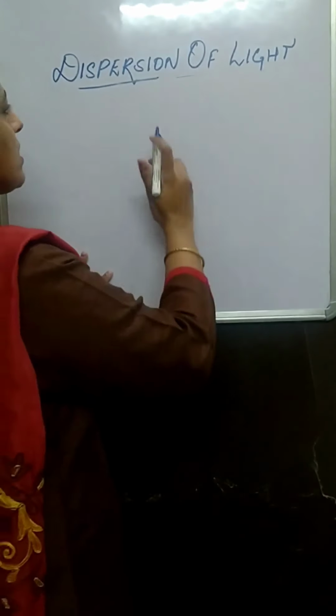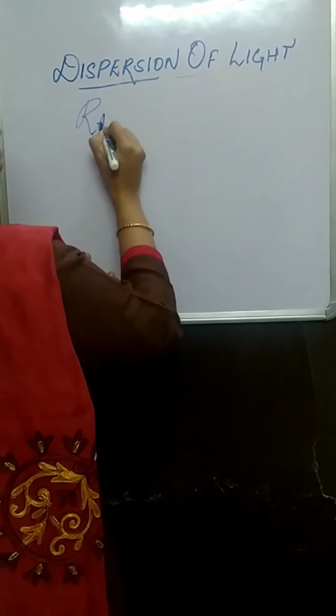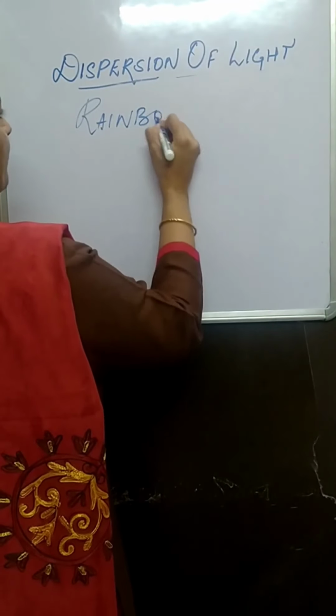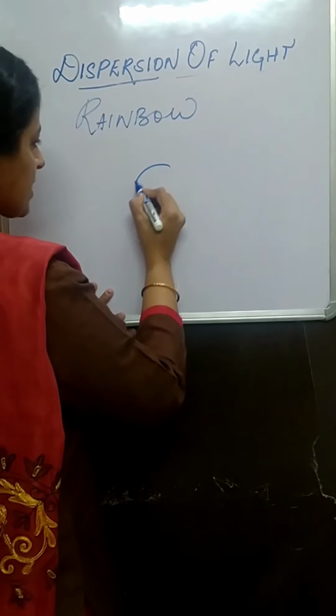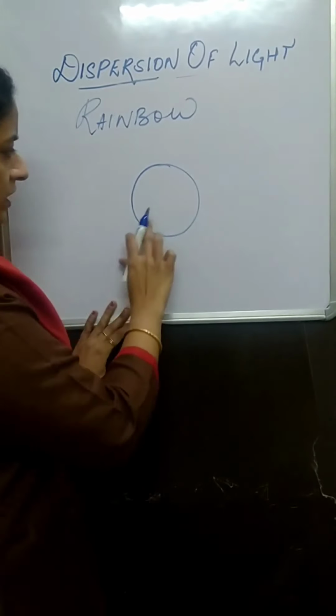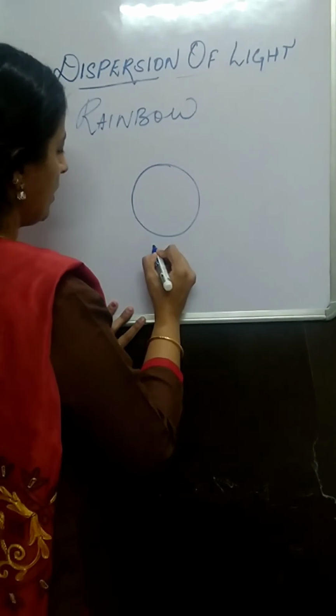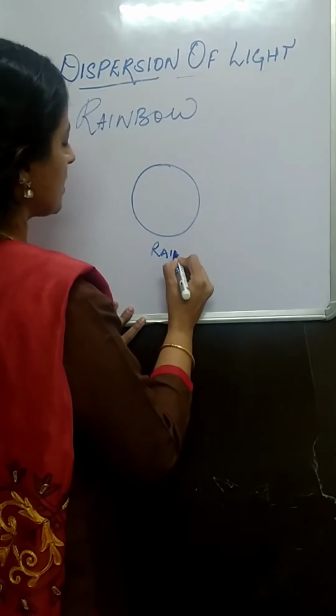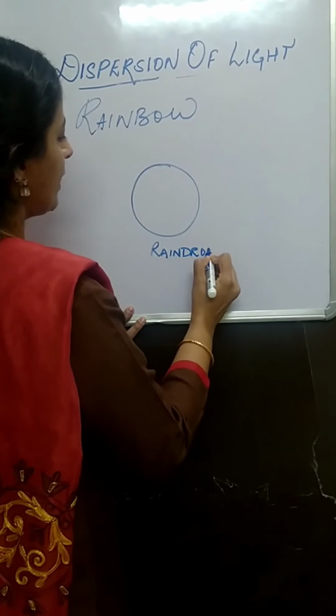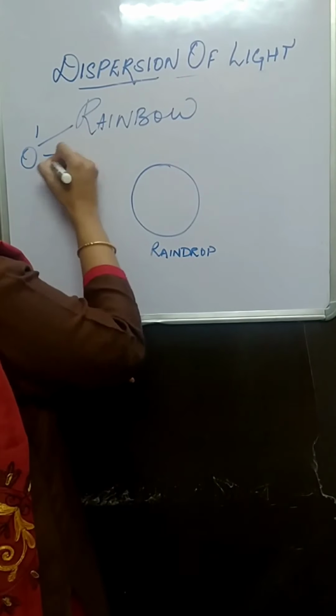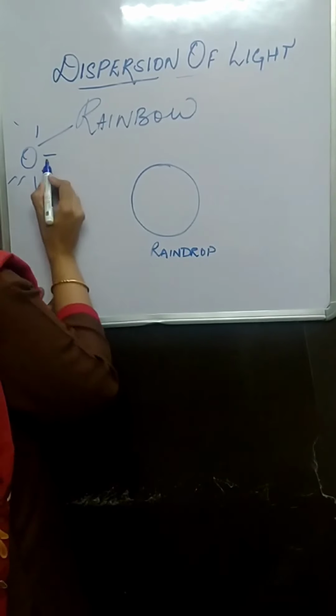Now, how is the rainbow formed? Formation of rainbow. For rainbow, let us consider a drop of water, a raindrop. And we have the sun here. This is the ray coming from the sun.